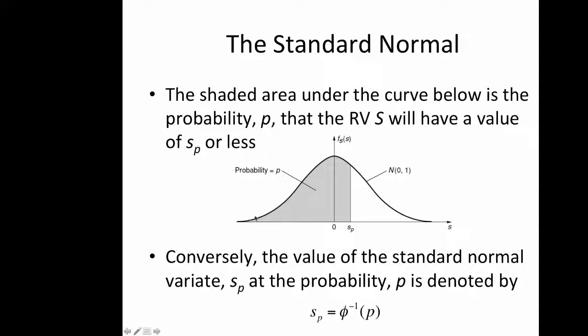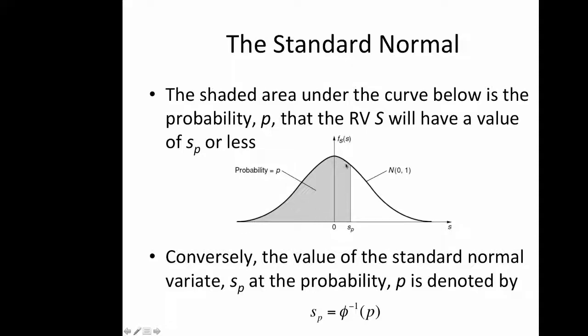And remember, the area under all PDFs is equal to 1. That doesn't change whether we're Gaussian or standard normal or any other distribution that we'll talk about later in this term. The areas are all equal to 1. Remember that.